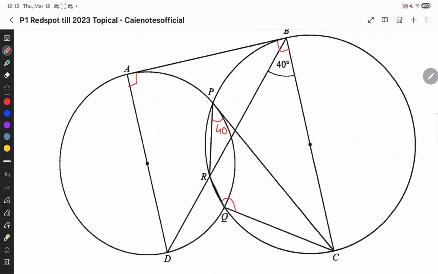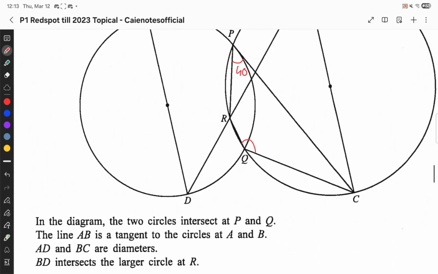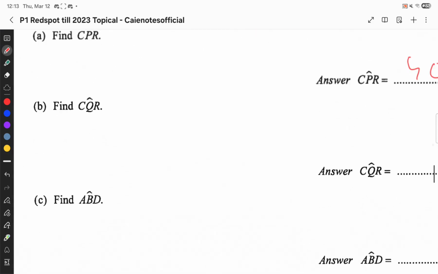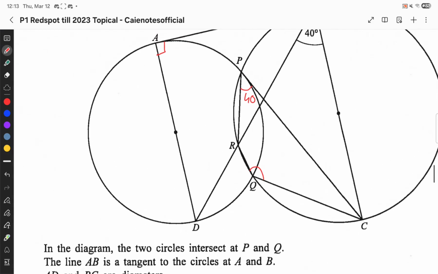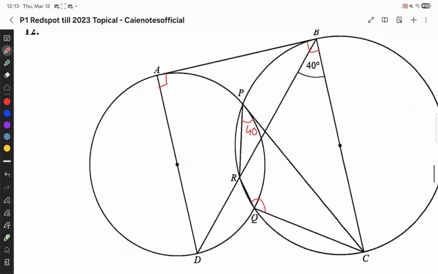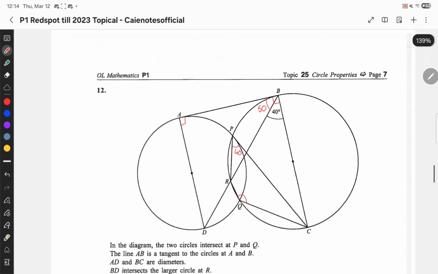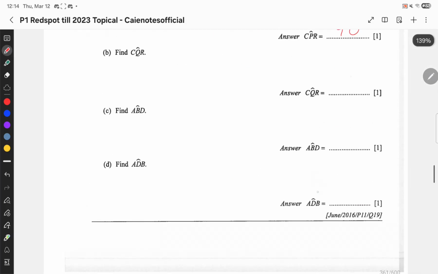Okay, and let's find out more about this triangle. What are the other parts? ABD. What is ABD? This is easy. This is just 50. 90 minus 40 is equal to 50. ABD is equal to 50.